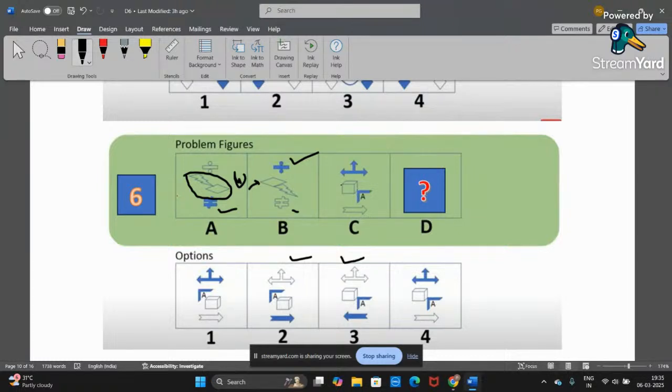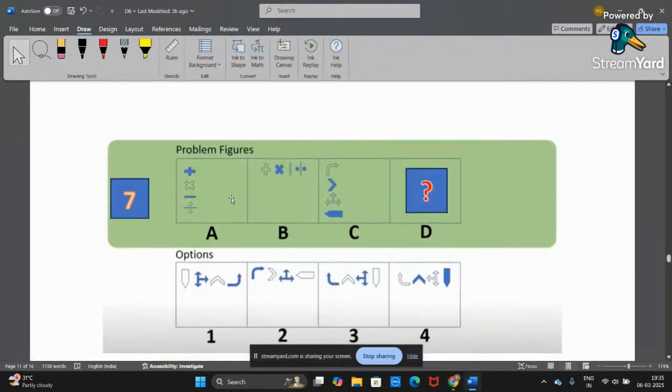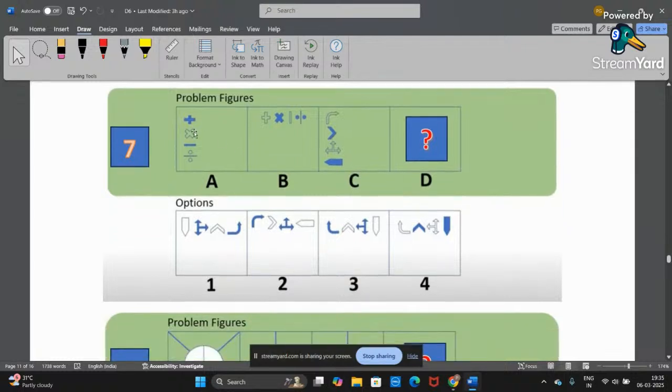So these two should be replaced, right? So in this it is not replaced, it has been given as such. So this is not the option. This is the option. Yeah. Second option, option 2, is the correct answer. Yes, Suraj, it is correct. Yeah. Now try to solve the seventh one.